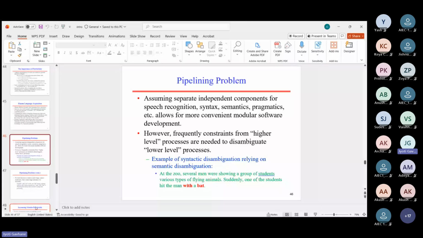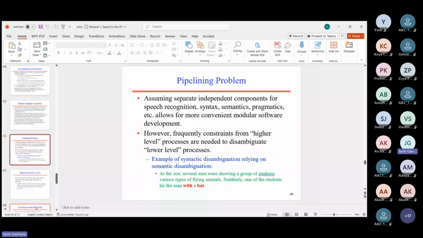However, frequently constraints from higher level processes are needed to disambiguate lower level processes. Yes, first we have to disambiguate the higher level, so automatically the lower level processes will become disambiguated. Example of syntactic disambiguation relying on semantic disambiguation: at the zoo, several men were showing a group of students various types of flying animals.